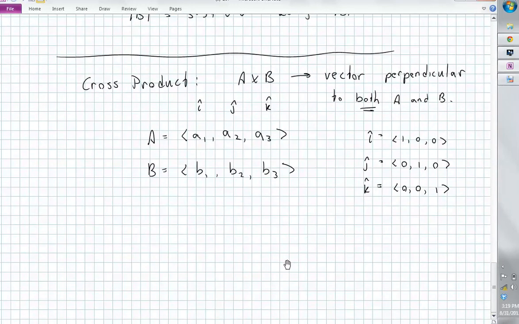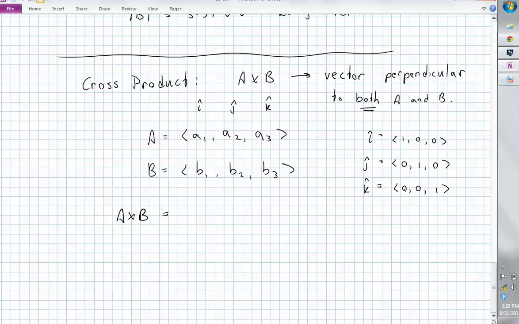Okay. Here's my little mnemonic. I want to compute the cross product of A and B. A word of warning here, the cross product is not commutative, so the order matters. So if I have A cross B, I put A on top and then B. And then my mnemonic works. How does it work?